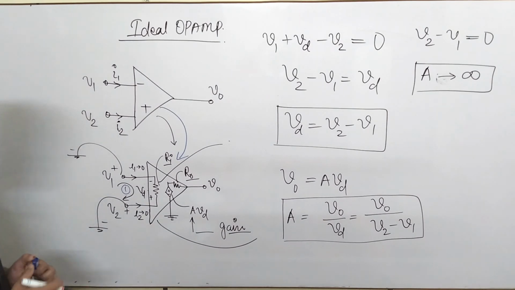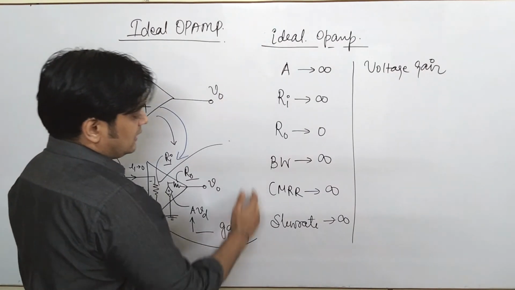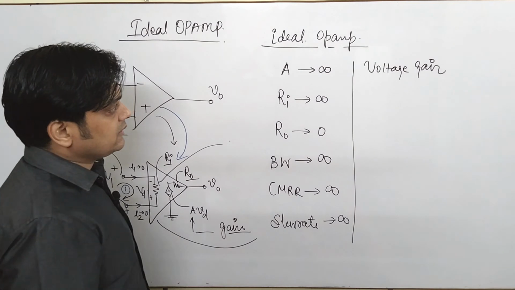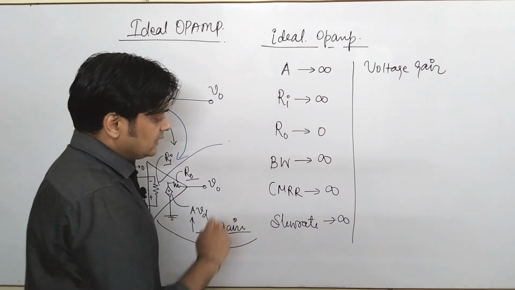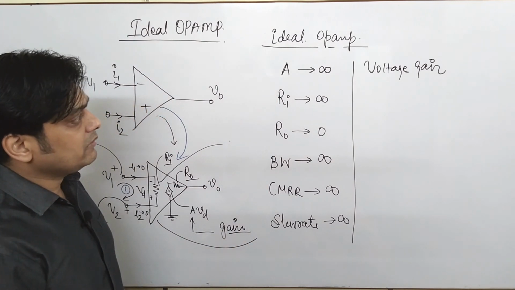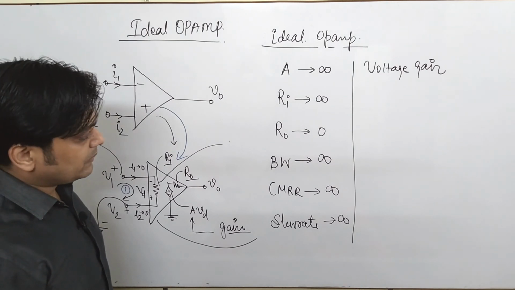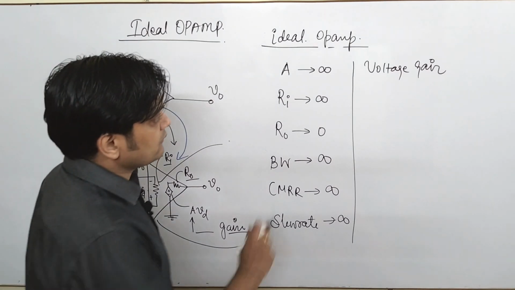So this is all about the ideal operational amplifier, and once again I will list the very important aspects of the ideal operational amplifier. As I mentioned here, this is an ideal OPAMP having 6 different parameters. One by one we'll discuss what those parameters are. So first is A, that is known as voltage gain.